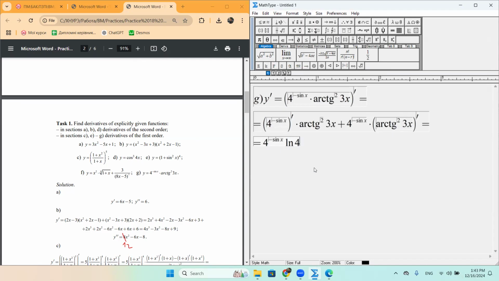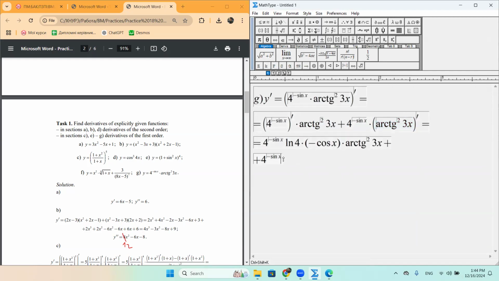The derivative of minus sine is minus cosine. And don't lose also this arctangent. Plus this function multiplied, let me continue on the next line, this function multiplied by the derivative of square of arctangent.